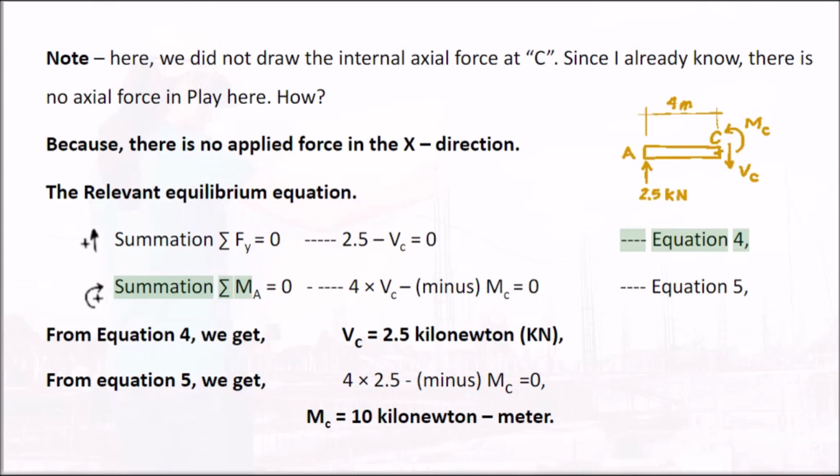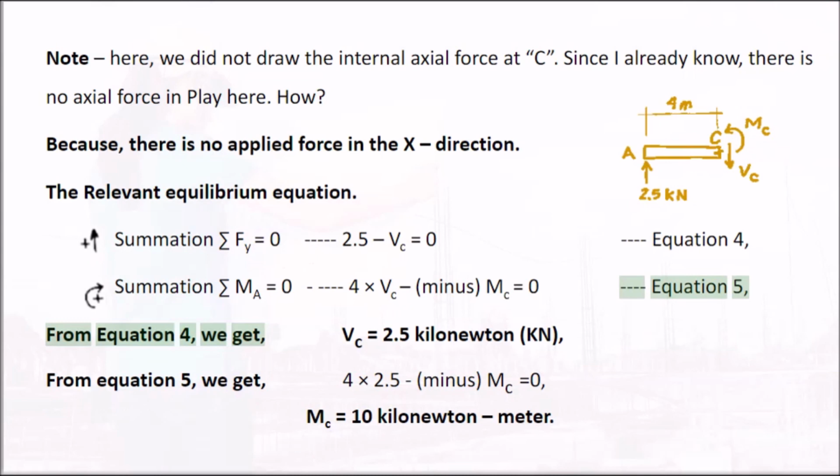Summation MC equals 0, 4 times Vc minus Mc equals 0.